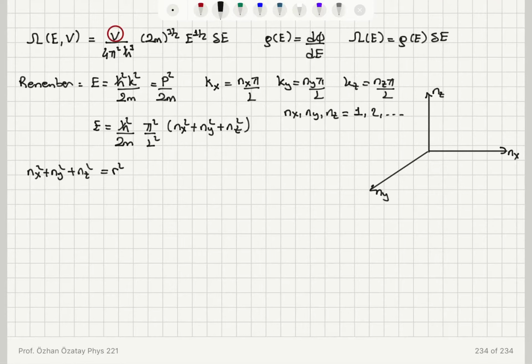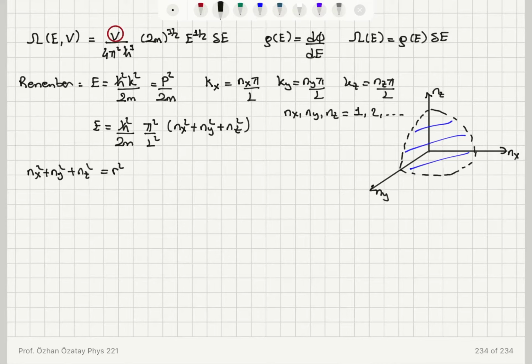So this is going to be forming 1/8 of a spherical region inside which we have all the states. So the states will reside inside this region.